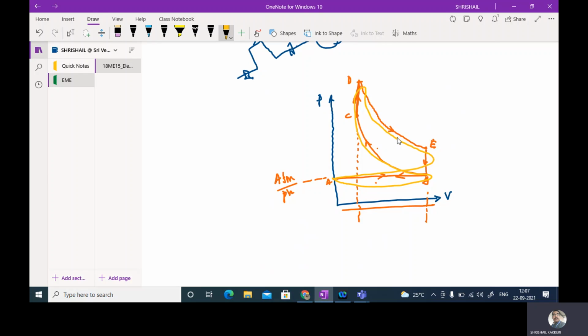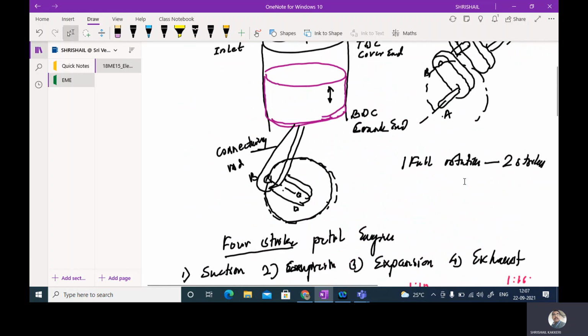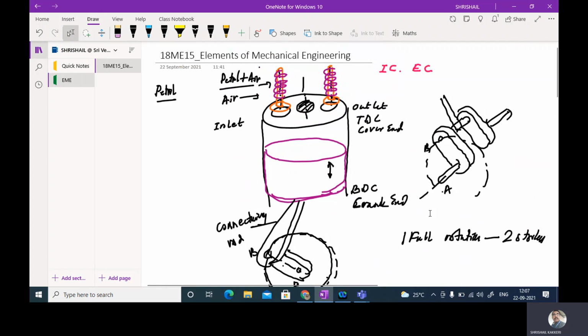So this is the actual PV diagram, and this is called the theoretical PV diagram. So once again, the internal combustion engine, in this the 4-stroke petrol engine I am talking about.